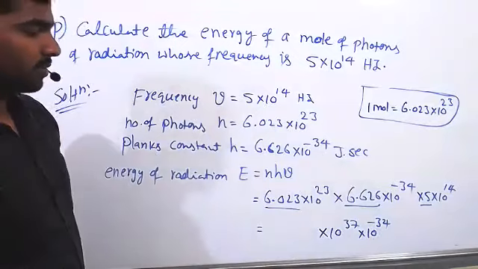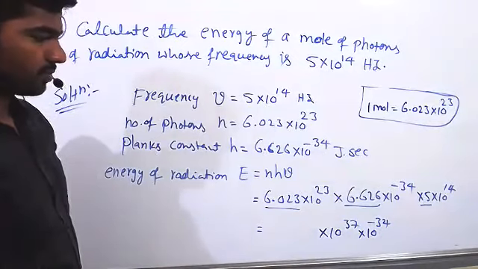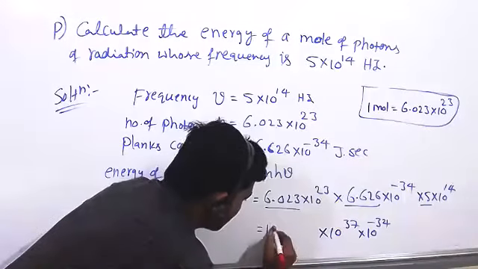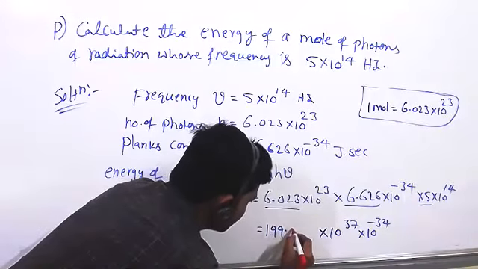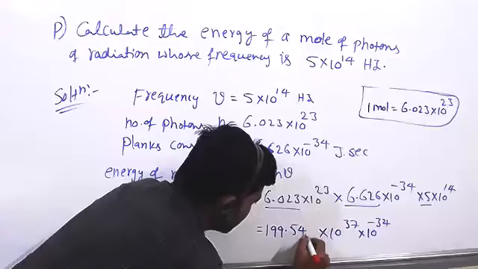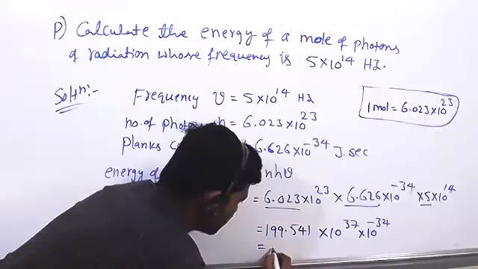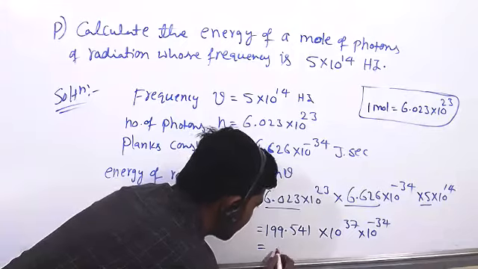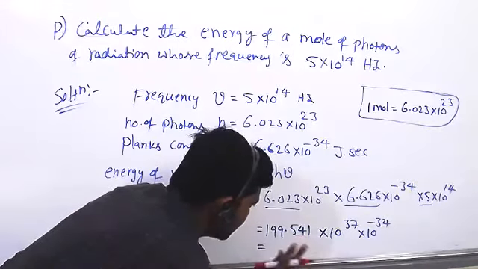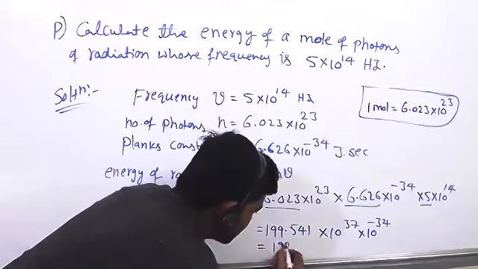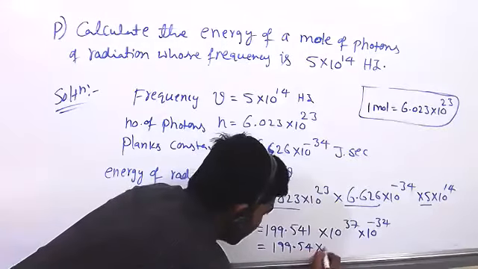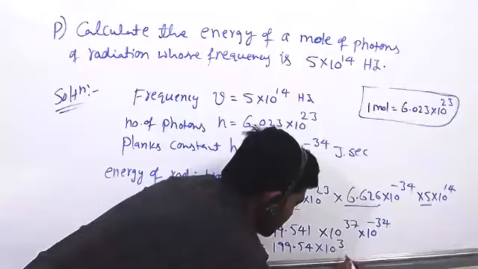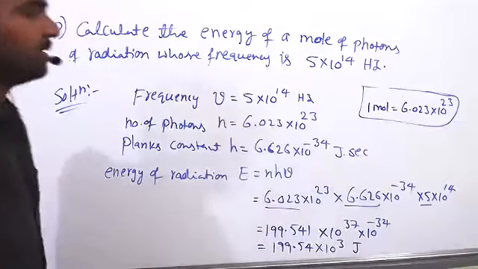It's coming 199.541; the exact value is 199.54199. After the decimal, 2 or 3 digits are sufficient. So the answer is 199.54 into 10 power 3 joules.